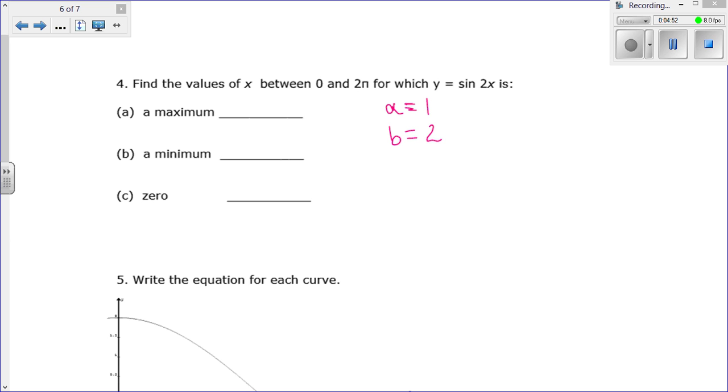That means I'll have two curves between 0 and 2 pi. My period is 2 pi over b, in this case 2, so my period is pi. And my interval is my period divided by 4, so it's pi over 4.